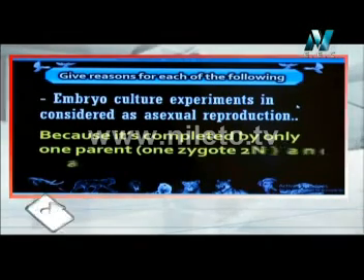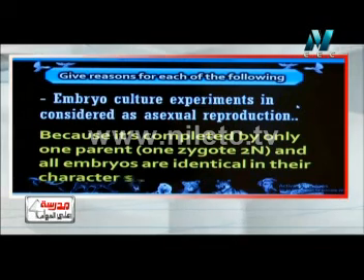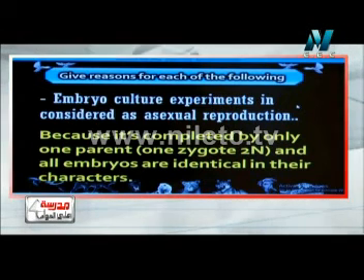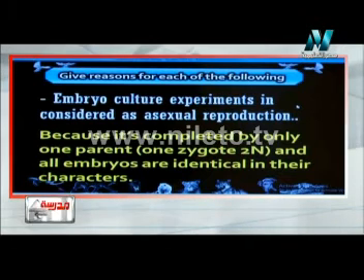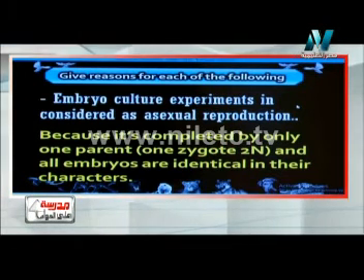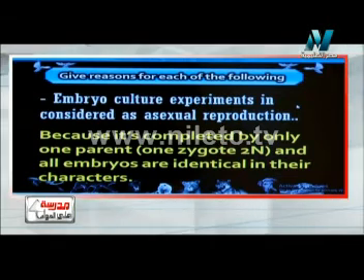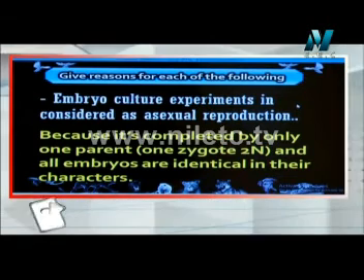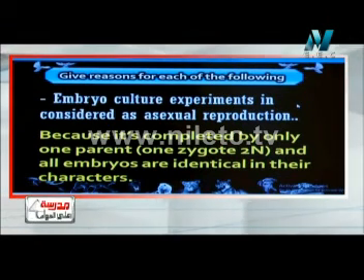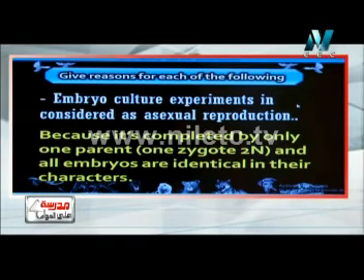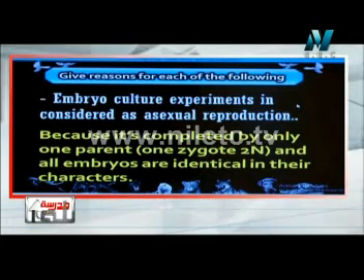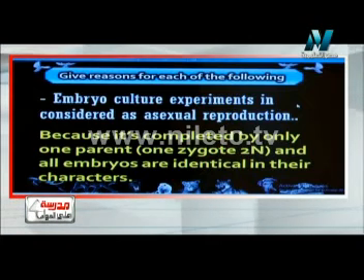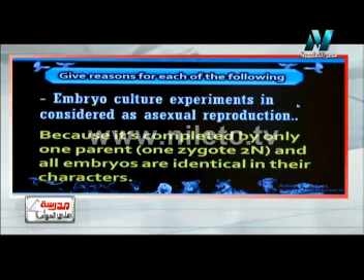So this process, called embryo culture, is completed by only one parent, or one zygote 2N, and all the embryos are genetically identical, because the zygote is formed as a result of the fusion between one male nucleus and one female nucleus. So the zygote is 2N.